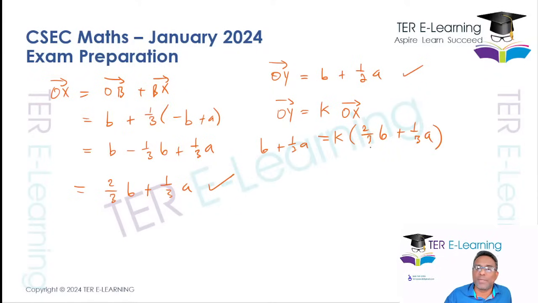so now, if I want to get what K is, you all should recognize that K is actually 3/2. I don't know if you all, is it 3/2? No, wait, hold on, it's not 3/2.